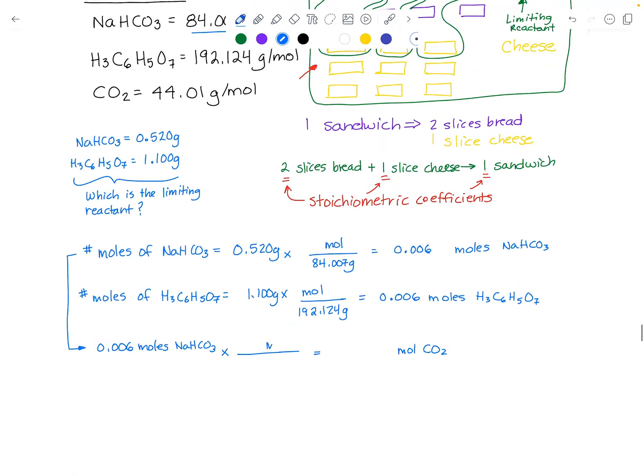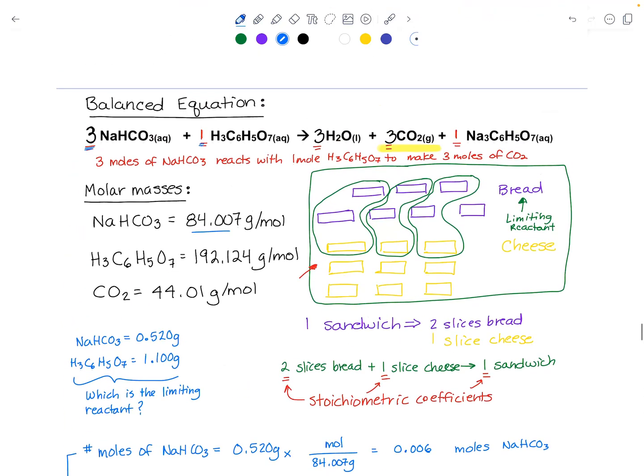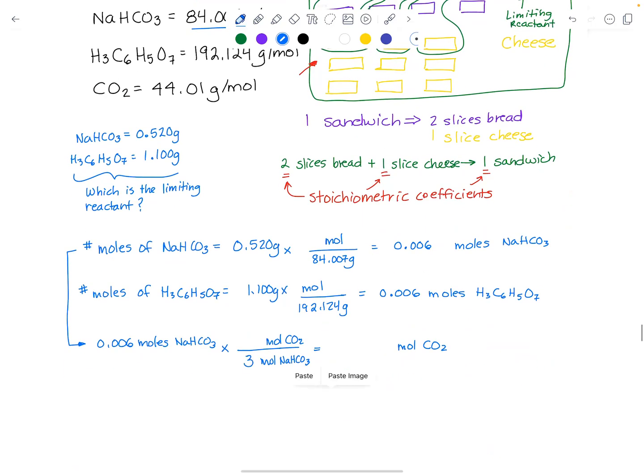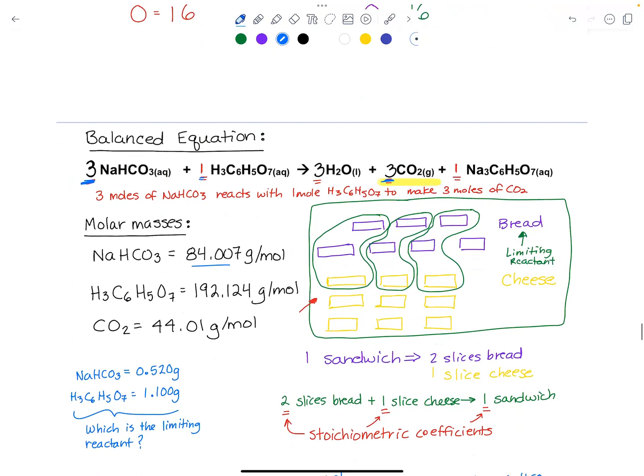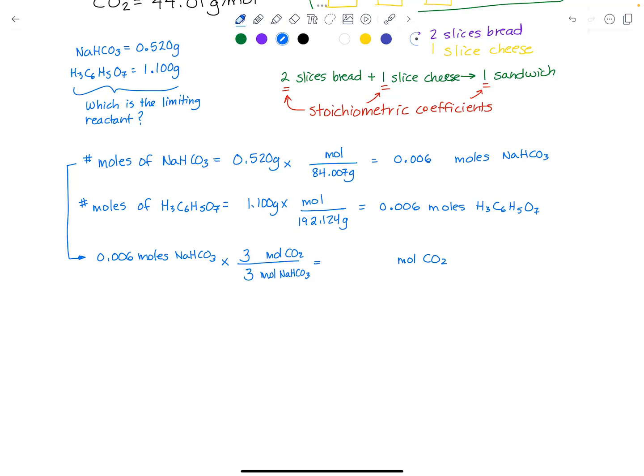I'm going to put my moles of CO2 here and my moles of sodium bicarbonate down here, and I'm going to use my stoichiometric coefficients. So I can use 3 moles of sodium bicarbonate, and that will produce 3 moles of carbon dioxide. Okay, so from that amount of sodium bicarb, I could make 0.006 moles of CO2.